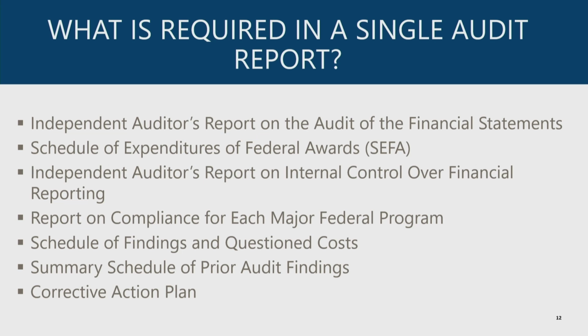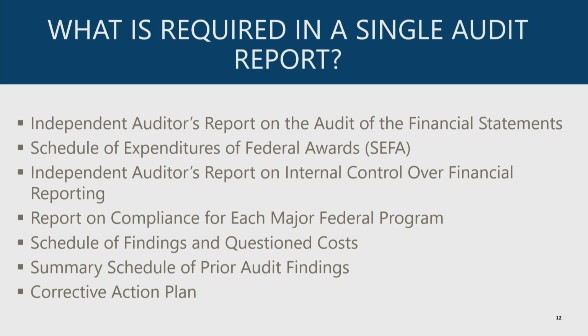It must also list the individual federal programs by the federal agency, the name of the pass-through entity for any funds received as a subrecipient, the total federal awards expended for each individual federal program, and the assistance listing number, or ALN.